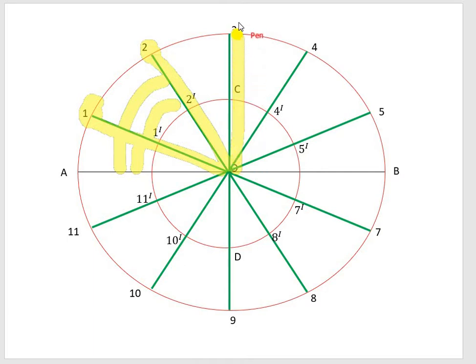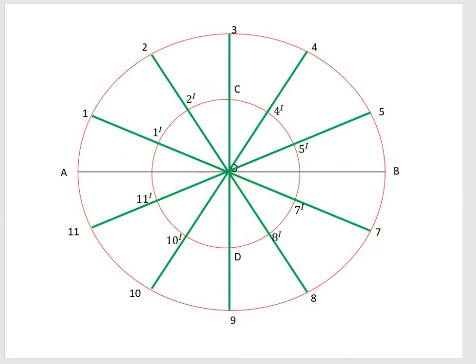The third line, it will come at 3. Fourth line, it will cut at 4. Fifth line, it will cut at 5. Similarly, you get all these points 7, 8, 9, 10 and 11, and A is the point which is already there. In this way, I divided the outer circle into 12 equal parts.